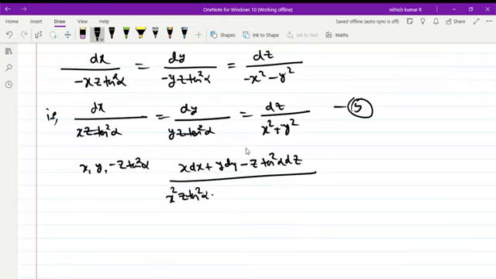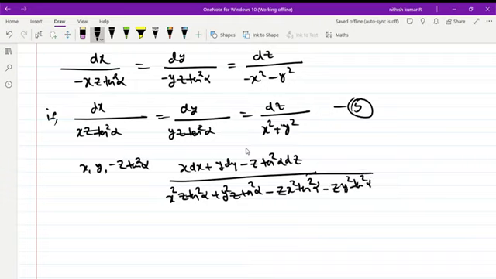When I multiply this with y, I will get plus y into y square z tan square alpha. When I multiply with this, I will get minus z x square tan square alpha minus z y square tan square alpha.